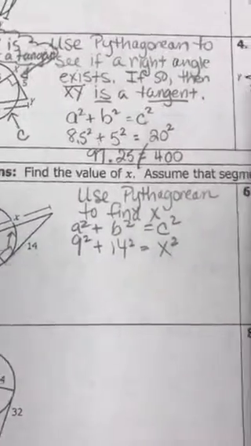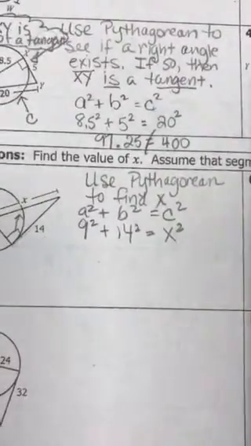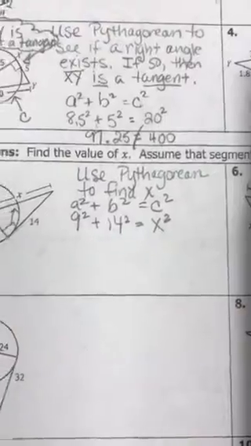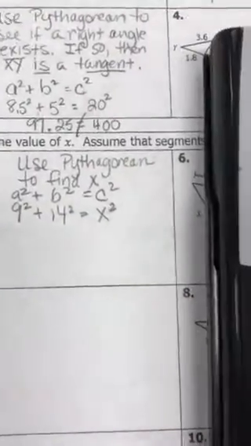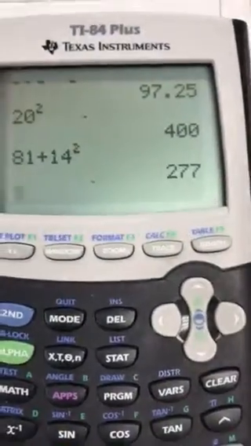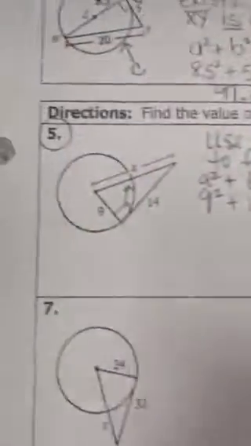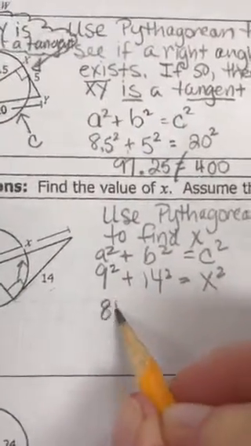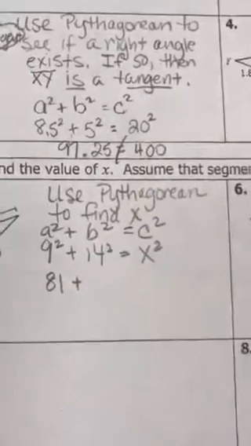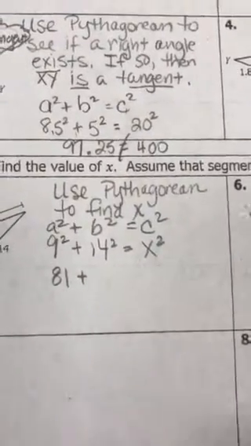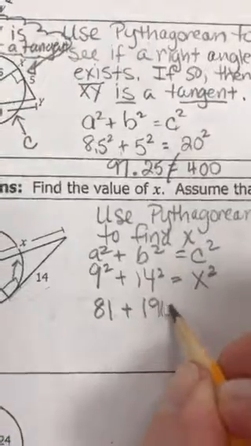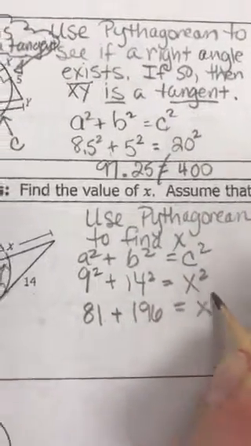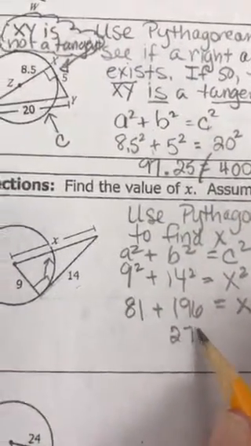So going to the calculator, 9 squared, we know that's 81, plus 14 squared. So that gives me 277. All right. So 81 plus 196 should equal x squared, and we got 277 for that.